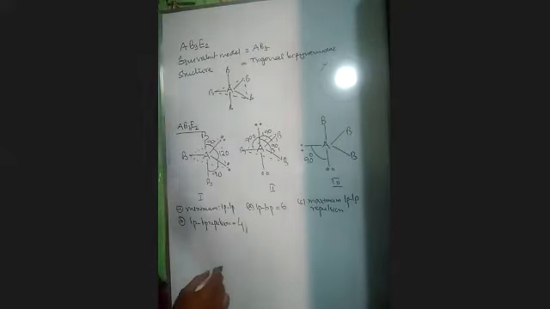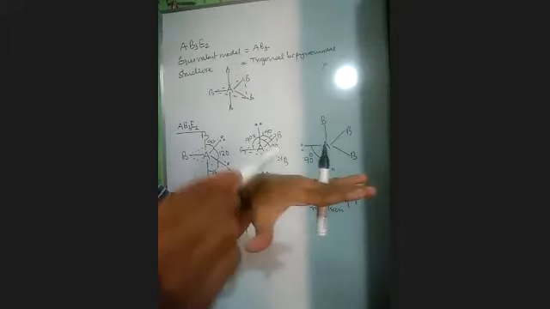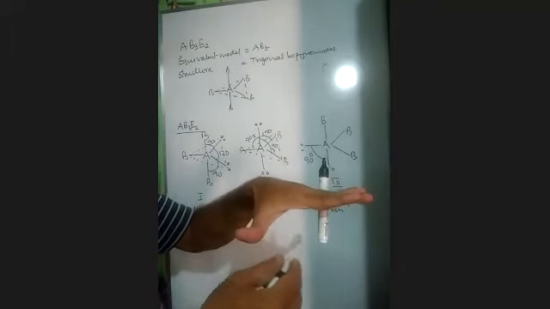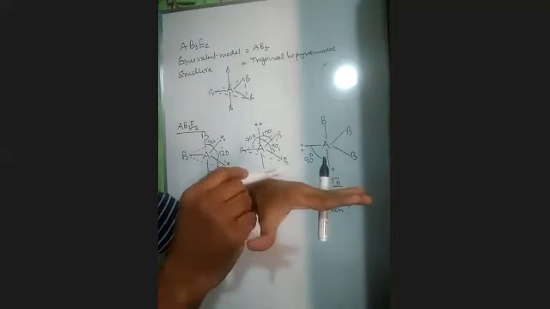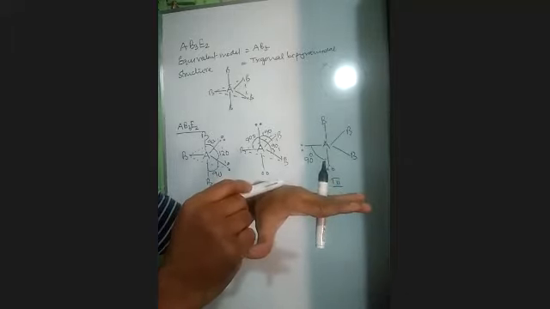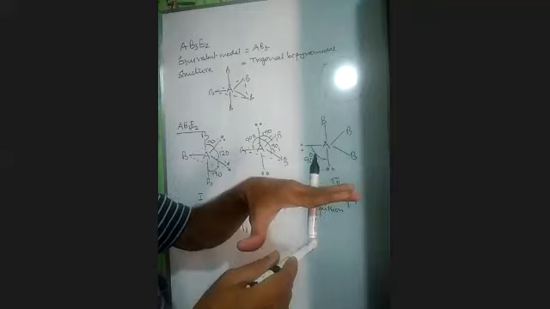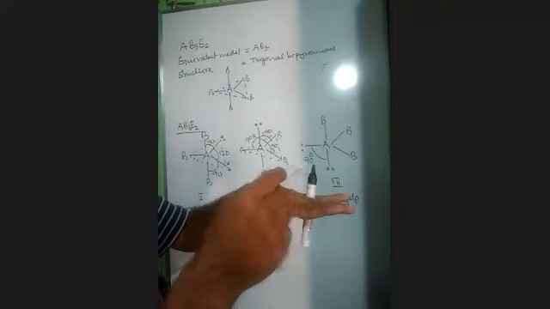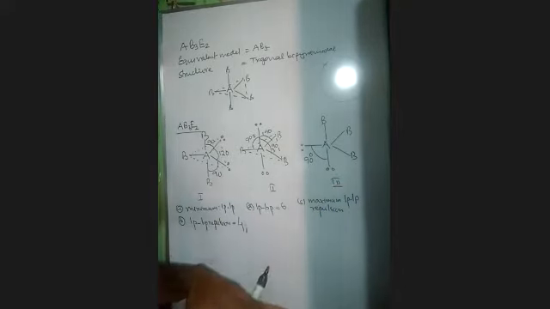This is the lone pair, this is the lone pair, so you have maximum repulsion. Then this one is 90 degrees to this, so lone pair bond pair repulsion. Then this is 90 degrees to this, so one more lone pair bond pair repulsion. Then second, and this is third.